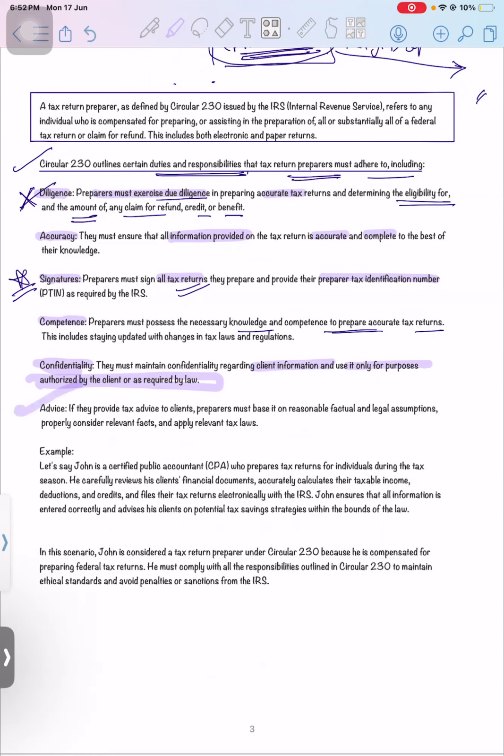Okay. The last one is advice. If they provide tax advice to the client, the preparer must base it on reasonable, factual, and legal assumptions. It should not be like, let's say, a client came to you and is asking which depreciation method should I take.